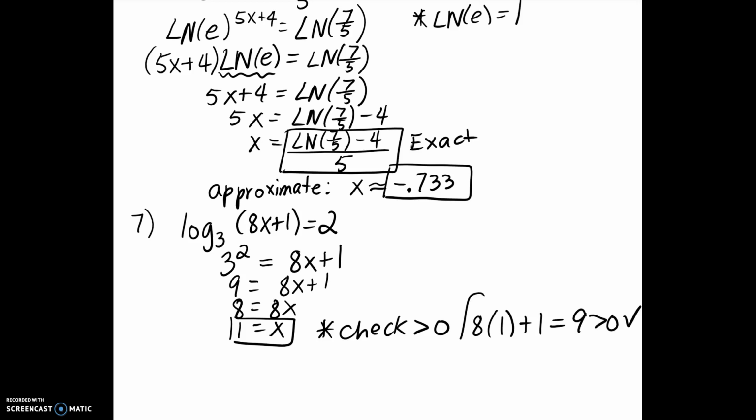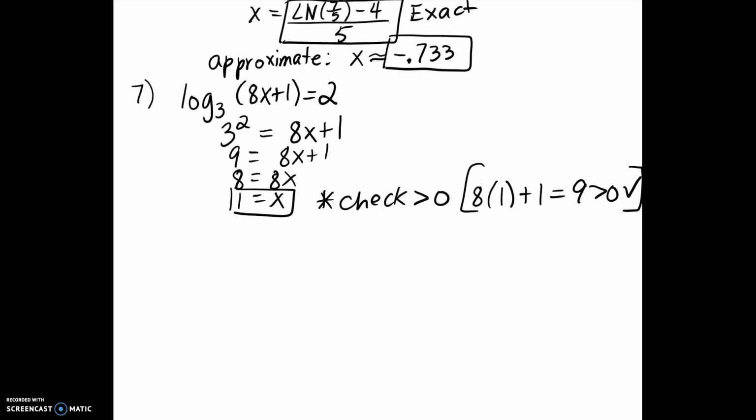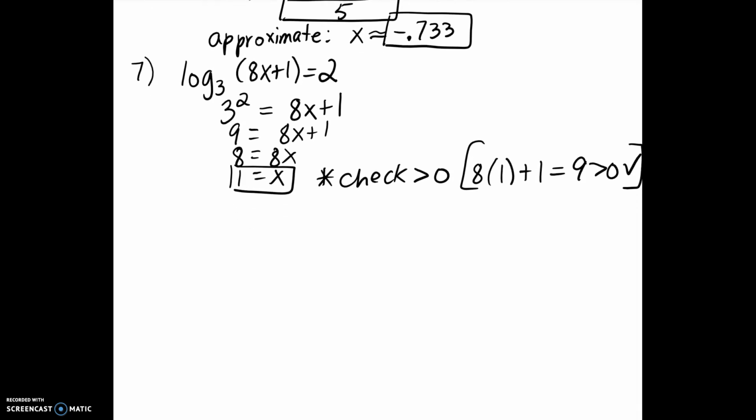You can do that in your head or in the calculator, but you should always check your log equations because the domain of your logarithm is that the inside of the parentheses is greater than 0, which we talked about with graphing. And the bases should also be positive. If there were a negative situation, that would really mean a reflection, so we would never get a negative base. That's part of our transformations.